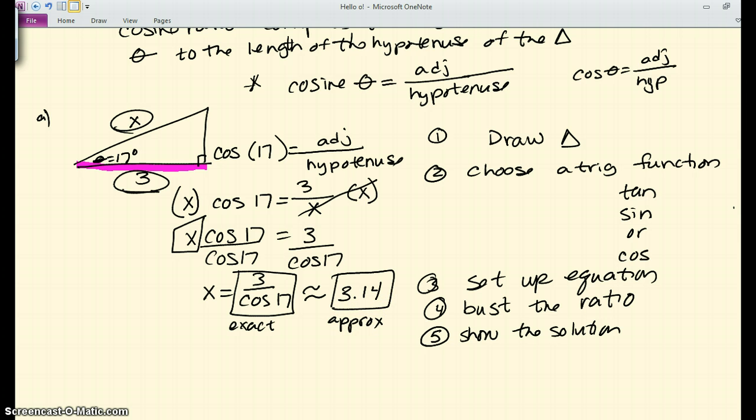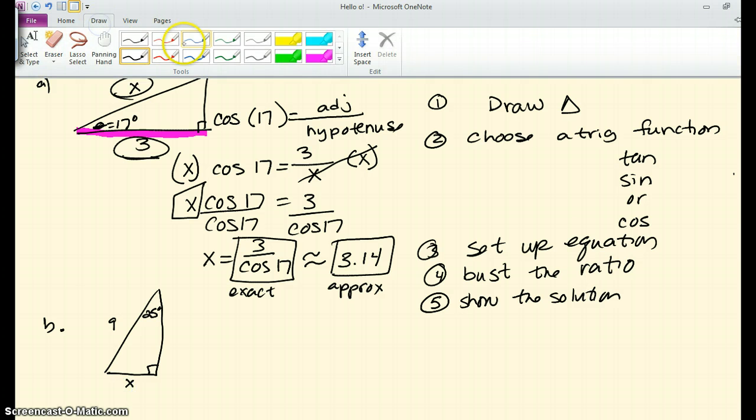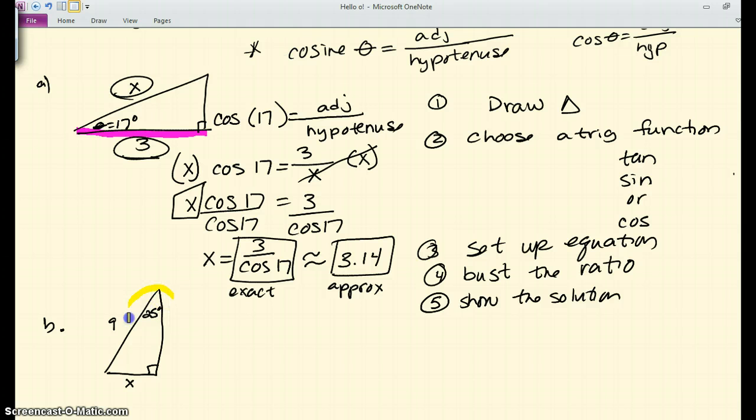So let's go through all 5 steps for the triangle in B. Step 1, draw that triangle. The triangle shown has a hypotenuse of 9. My reference angle in this case is up here at 25, and I can tell that I have the side opposite 25.